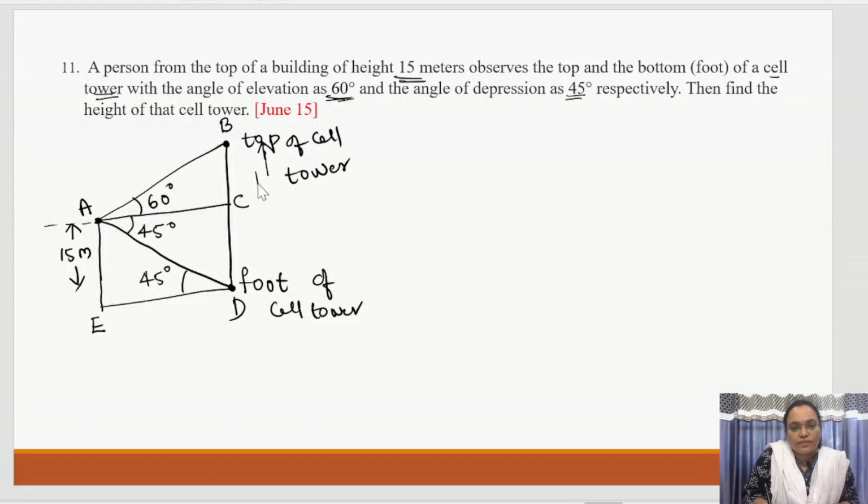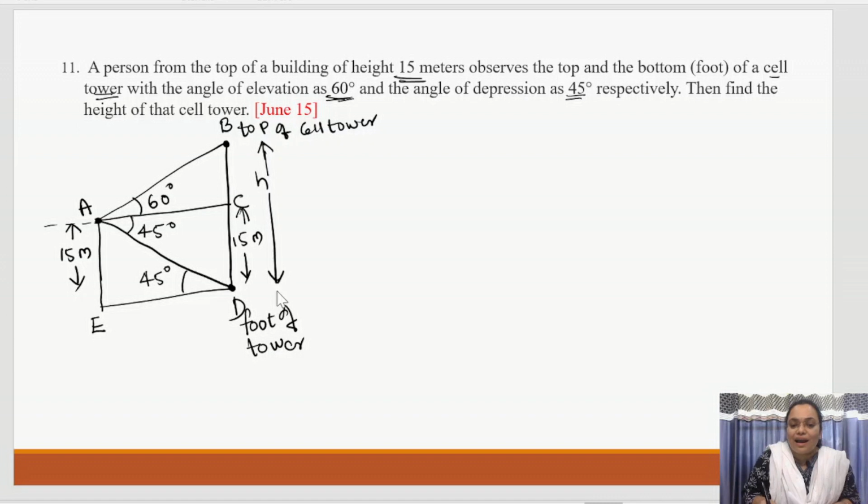This is the height of the cell tower. So see here, if this is 15 meters, this will also be 15 meters, right? We need to find the height of the cell tower. Let us take this as x. With respect to this angle, we have perpendicular and base.